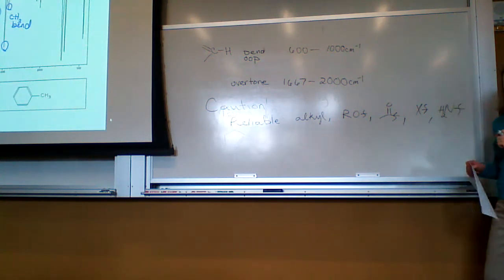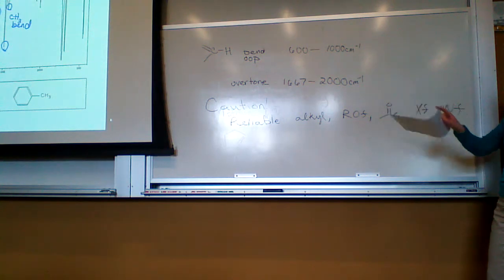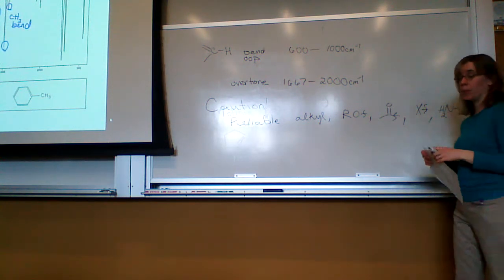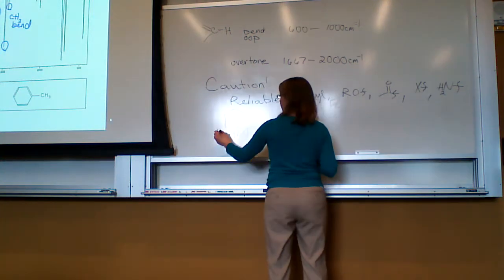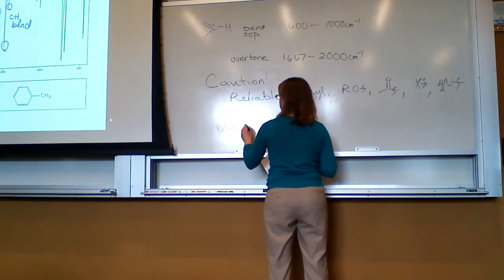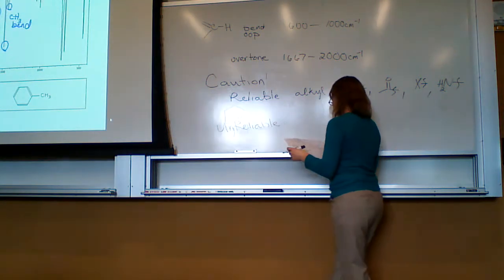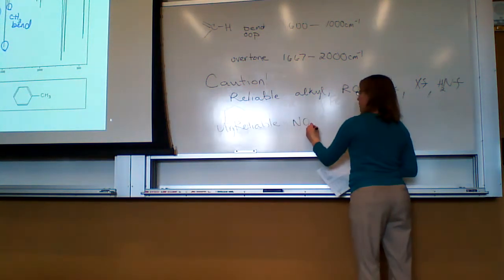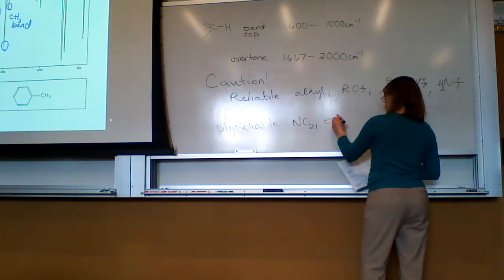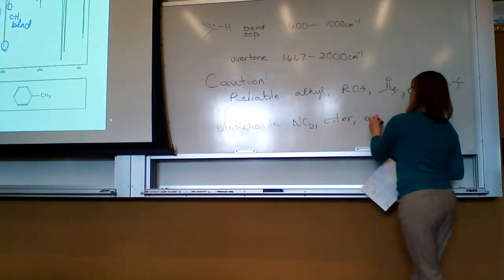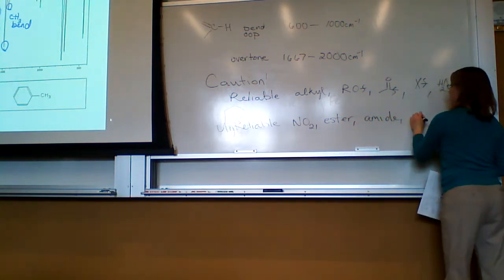If those are attached to the ring, then the out-of-plane bending is going to be more reliable. Not reliable would be the NO2 group, the ester, amide, and the acid chloride.